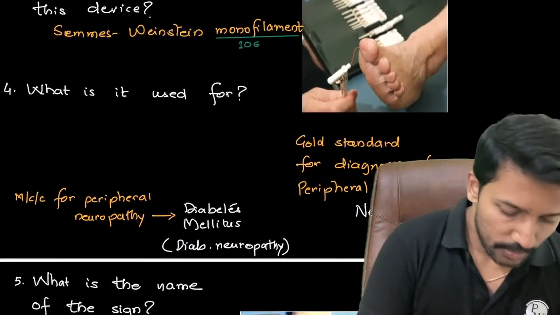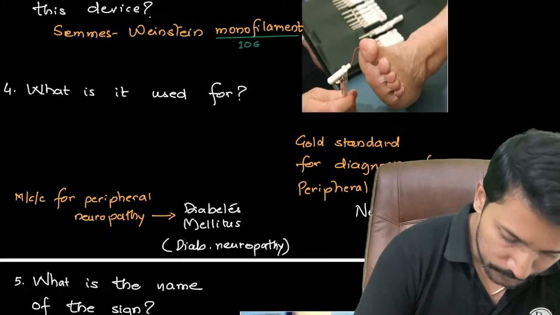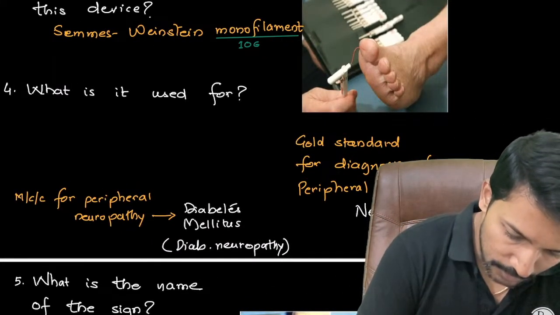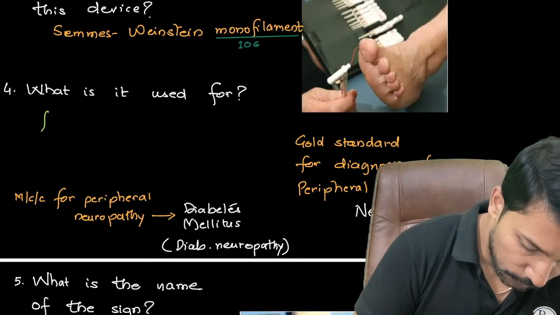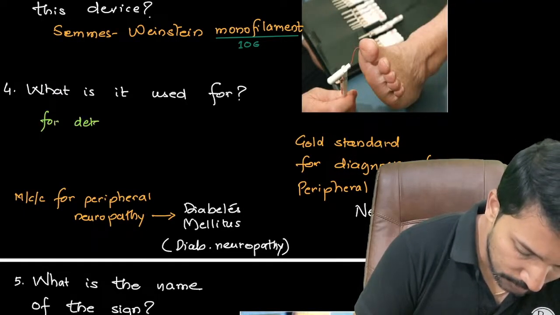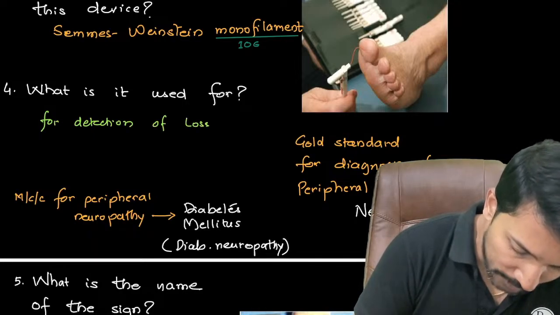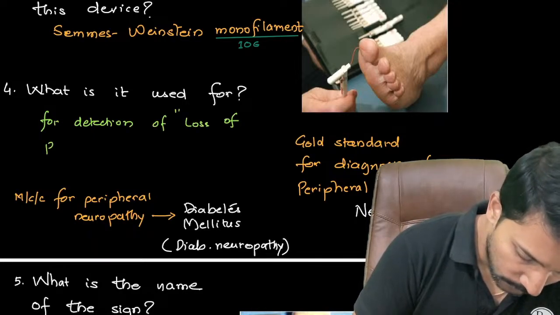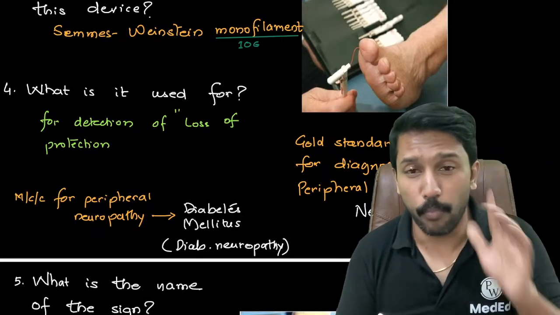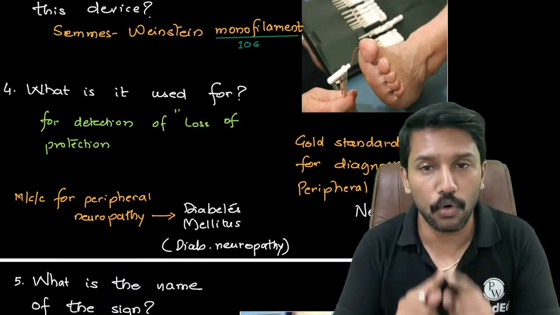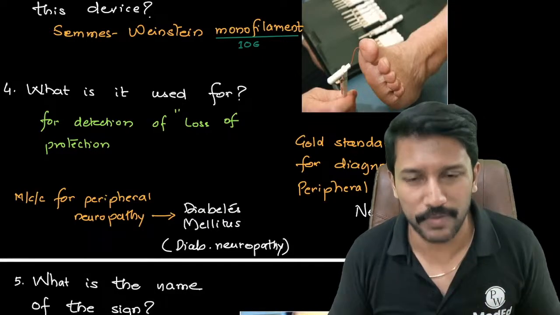So this test is used for detection of loss of protective sensation. Loss of protective sensation means the pain and touch sensation you have lost to the point that now your feet are no longer protected from trauma, you don't feel it.